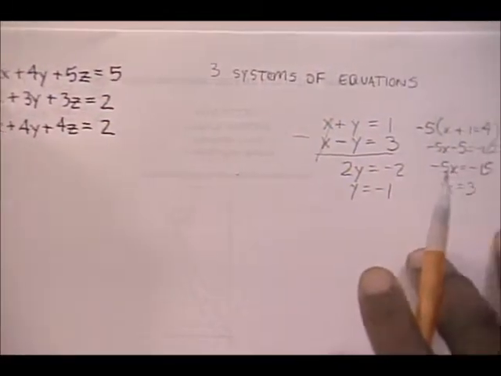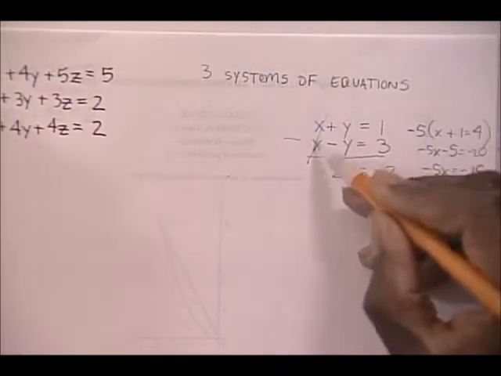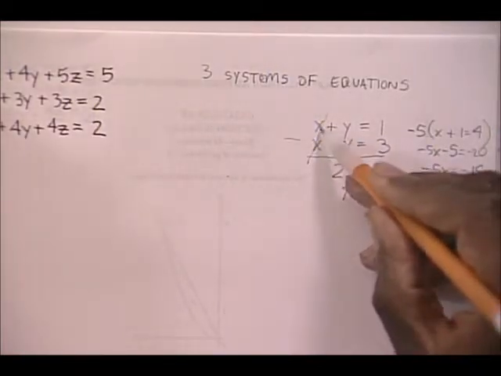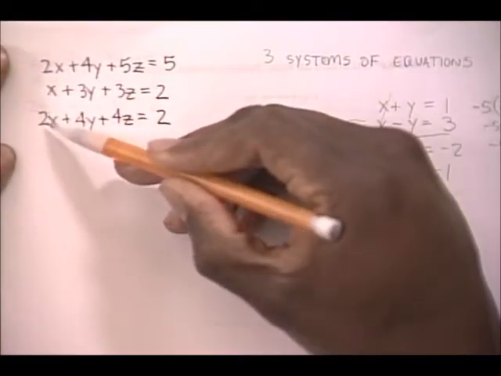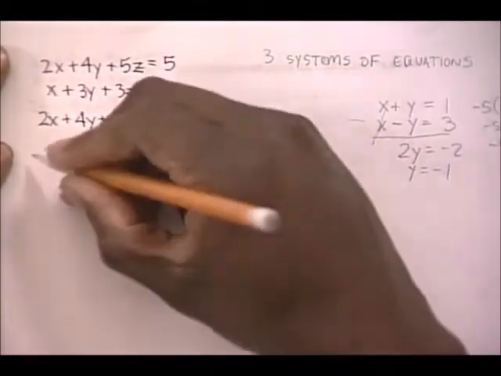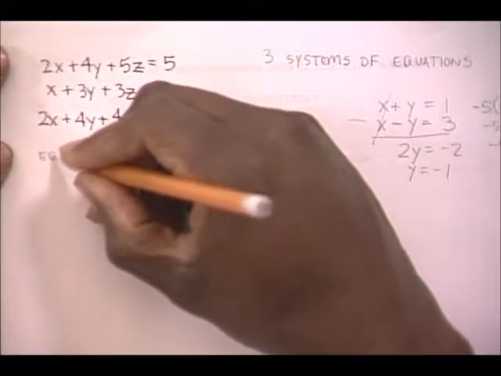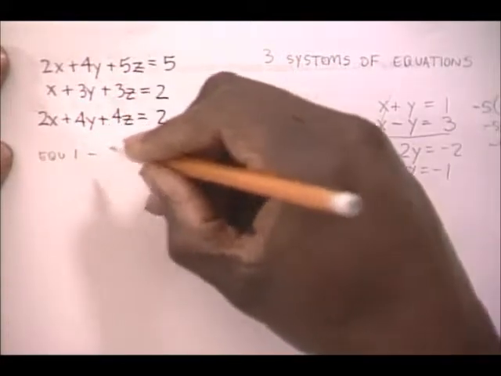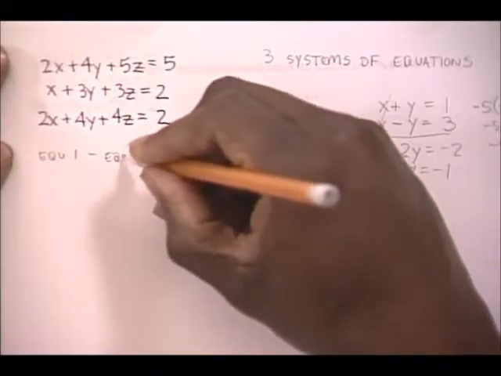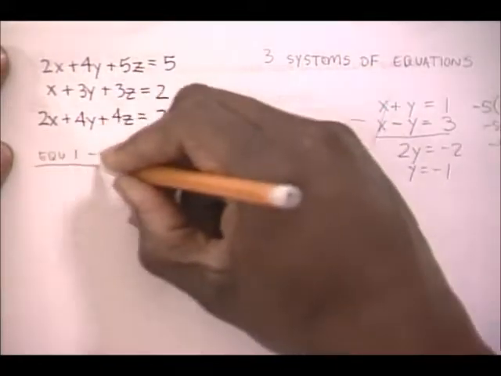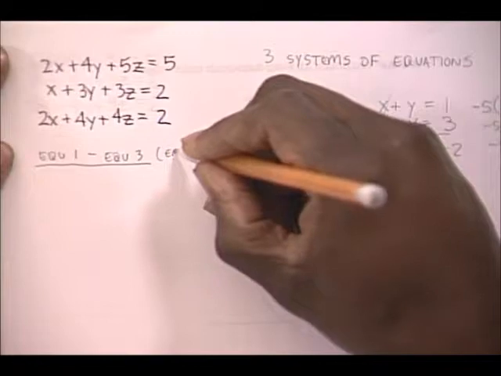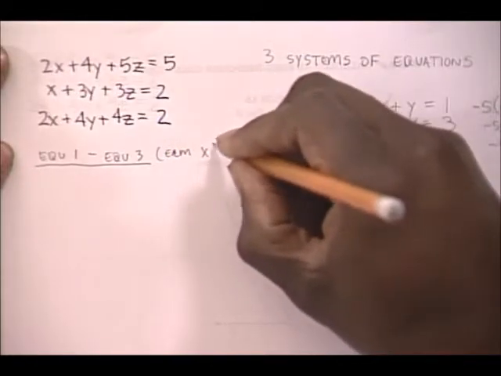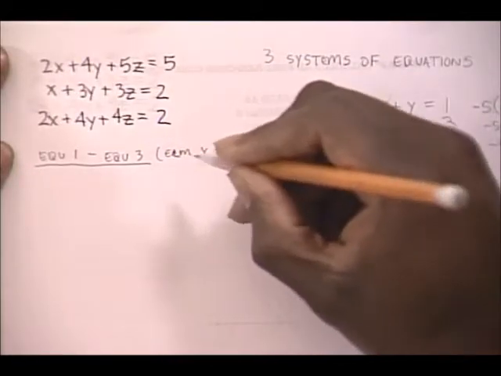In the same way we subtracted, I saw an x here, an x here, I subtracted. I see a 2x here, a 2x here, I'm going to subtract. So I'm going to take equation 1 and subtract equation 3 to eliminate the x's.